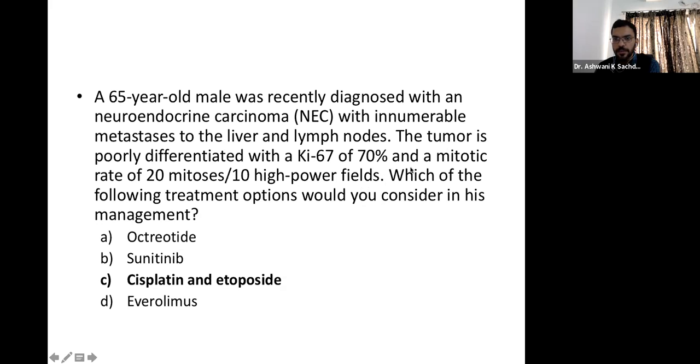So it is unlikely to respond to octreotide somatostatin receptor therapy, because it is more commonly used for well differentiated tumors, which are somatostatin receptor positive. So in this case, based on a similar line to lung cancer, cisplatin and etoposide is the treatment of choice.